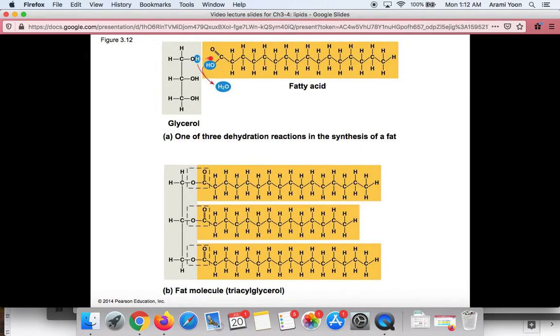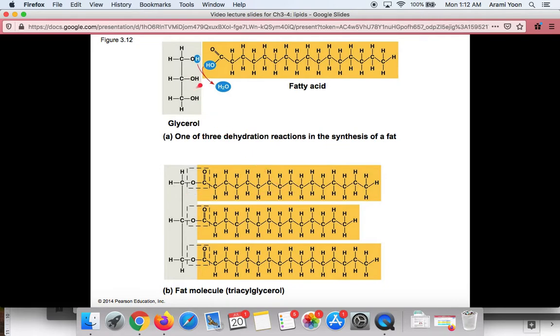As it loses this water molecule, that's going to cause a new bond to form between this oxygen here and this carbon here. It's what we call an ester linkage bond. And so that is going to link this fatty acid to this glycerol molecule.